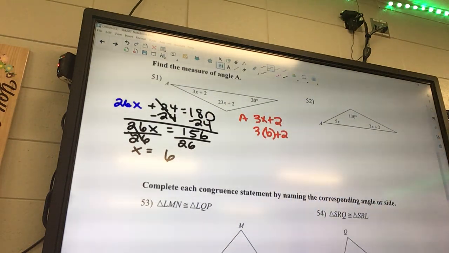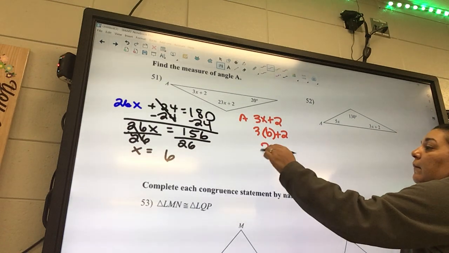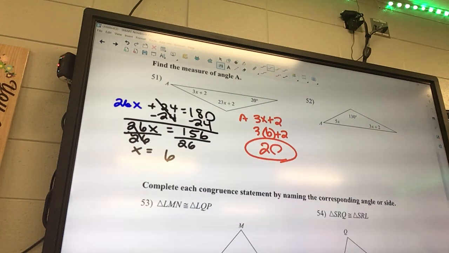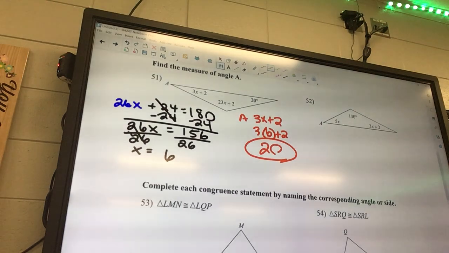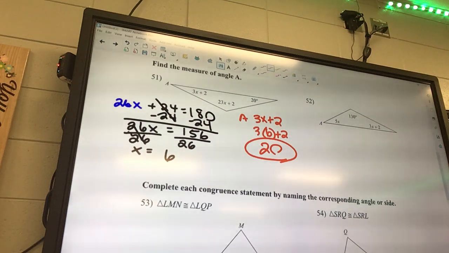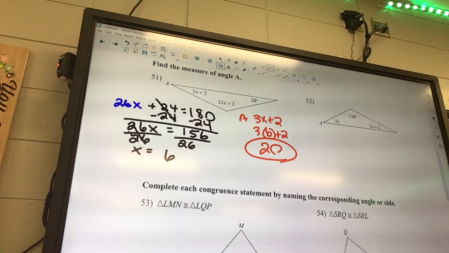What is 3 times 6 plus 2? 20. Almost done. The rest are fairly easy.